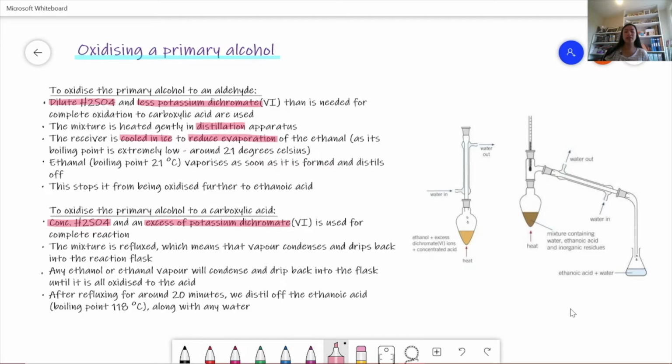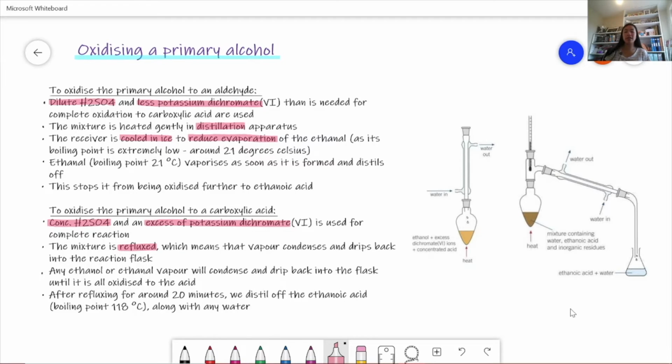And so this vapor then drips back into the pear-shaped flask because the condenser is straight on top of it. This means that any ethanol or ethanol vapor will condense and drip back into the flask until it is all oxidized to the carboxylic acid that we want. And reflux is a really important experimental process that you should remember.